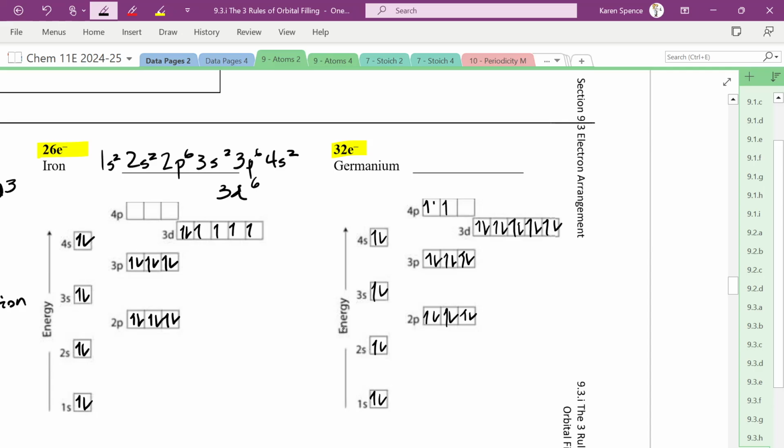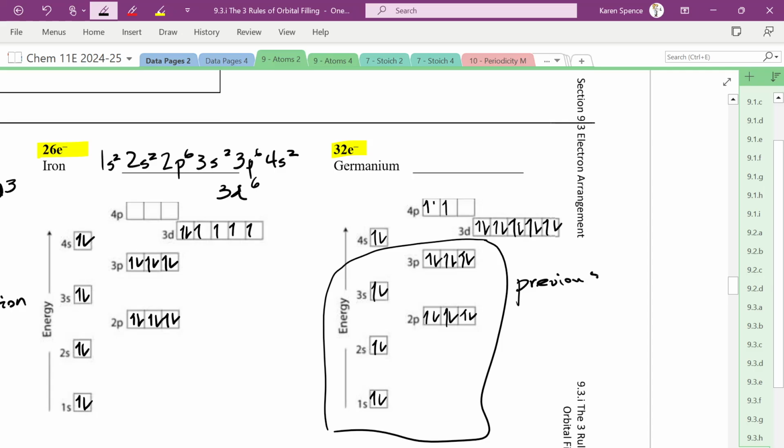So I would get up to my previous noble gas, which would be argon: 4s2, 3d10, 4p2. Is that good? Okay.